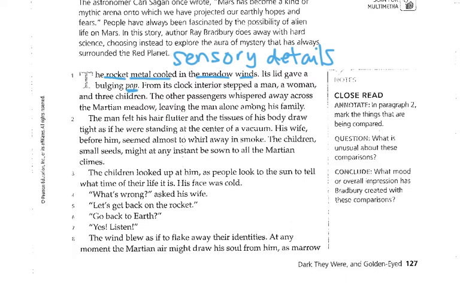From its clock interior stepped a man, a woman, and 3 children. The other passengers whispered away across the Martian meadow, leaving the man alone among his family. Now, I'm going to note 2 things here about both setting and tone. Another thing that I'm getting from the setting is the noises of the setting.